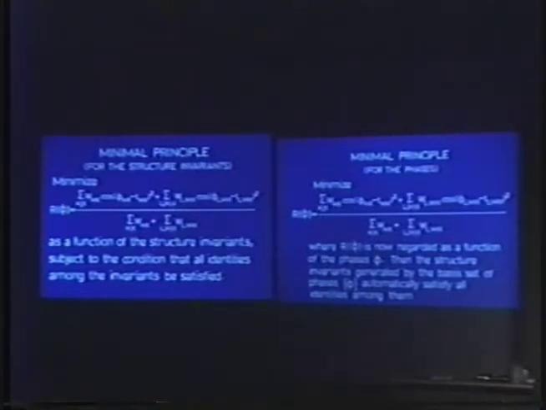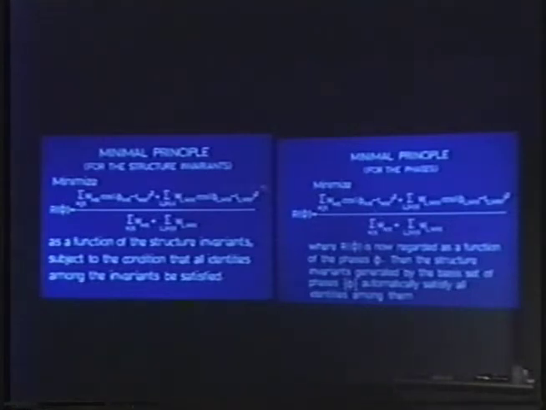However, it's difficult to see how with that formulation one can ever be led to a practical scheme for estimating the values of the structure invariants, because it's a very difficult thing to force several 100,000 identities to hold. So we reject this formulation of the minimal principle and accept this one.